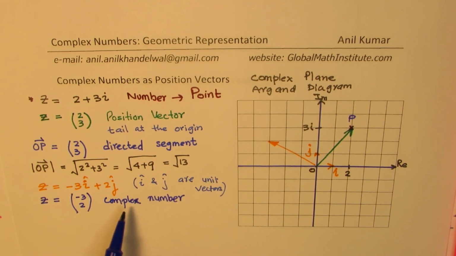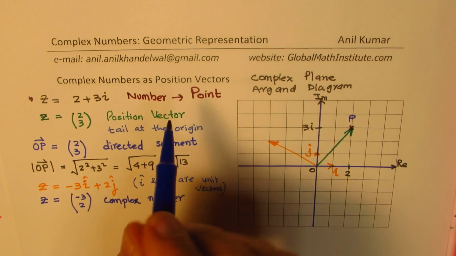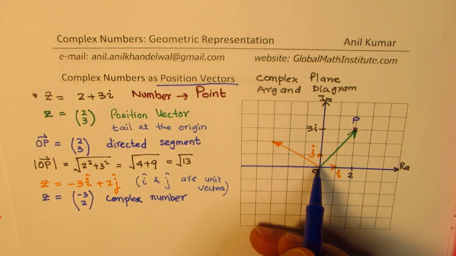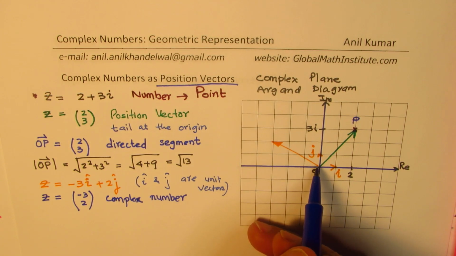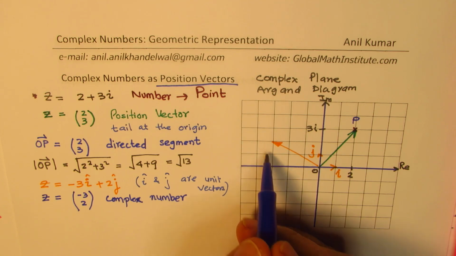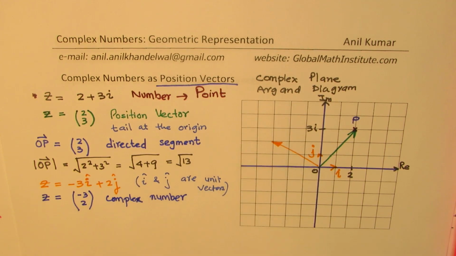Now when we say represent this as a position vector, in that case we draw what we had shown here. So minus 3 on the real axis and 2 on the imaginary axis gives you this arrowhead, which represents that vector.